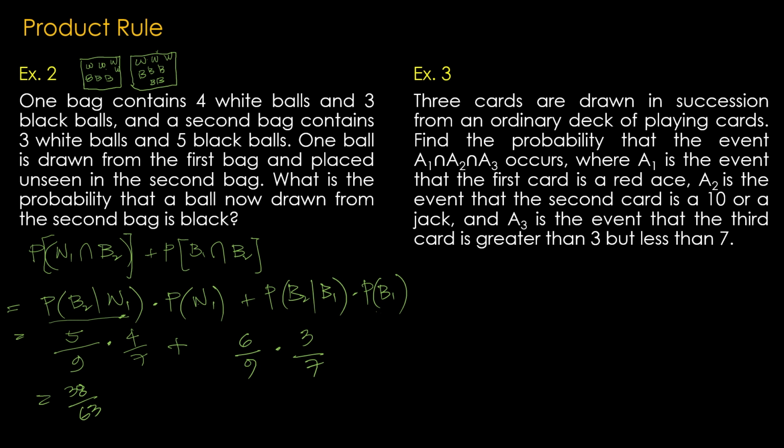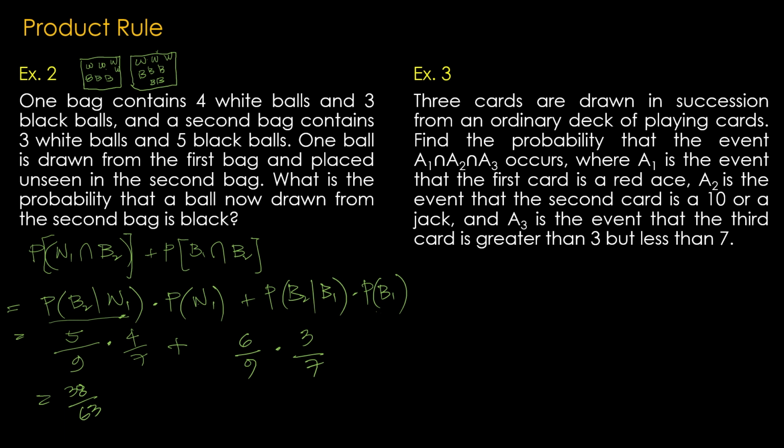The second card is a 10 or a jack. And A3 is the event that the third card is greater than 3 but less than 7.